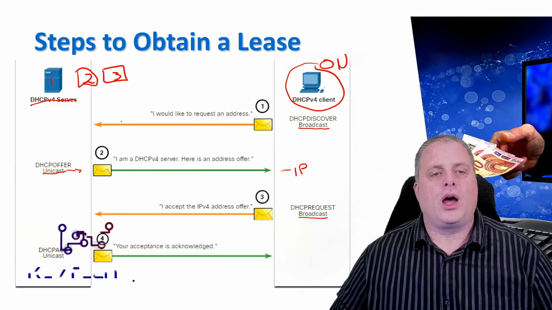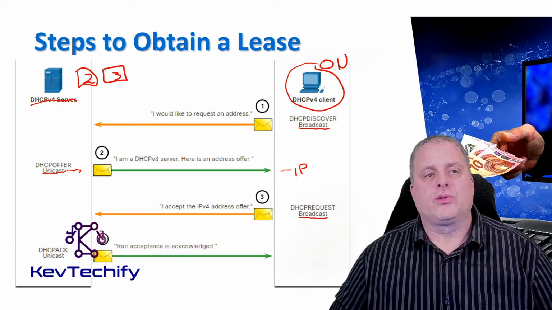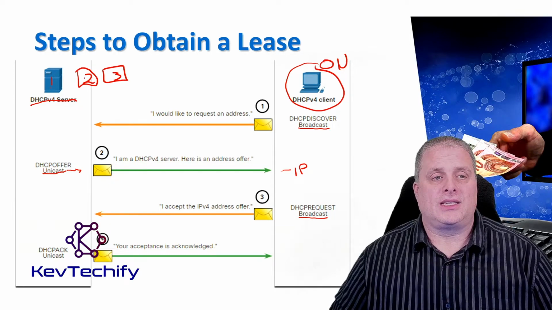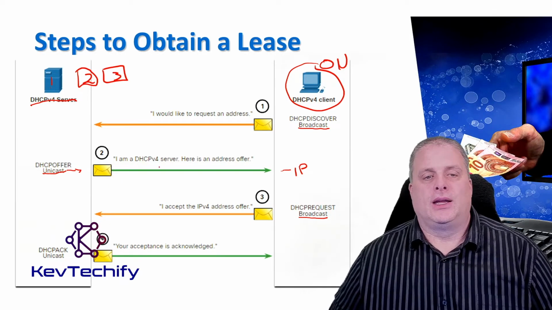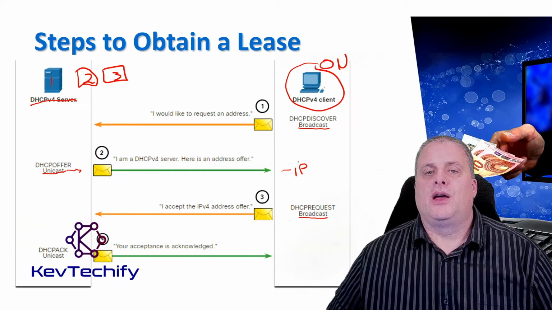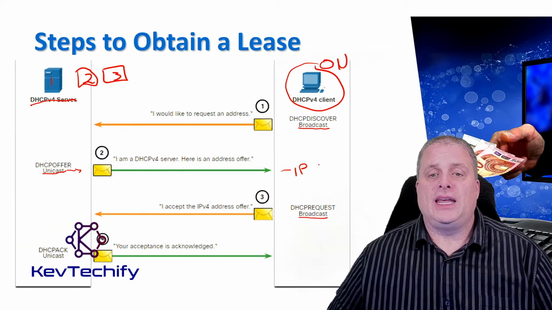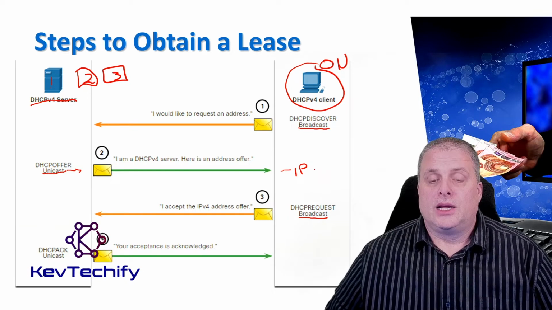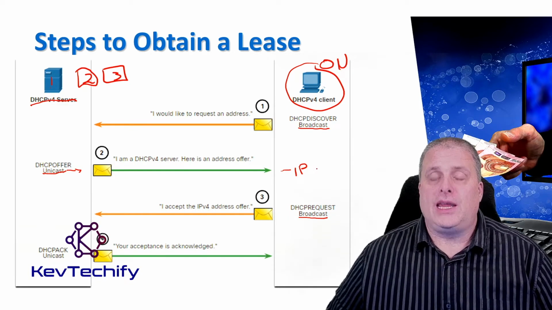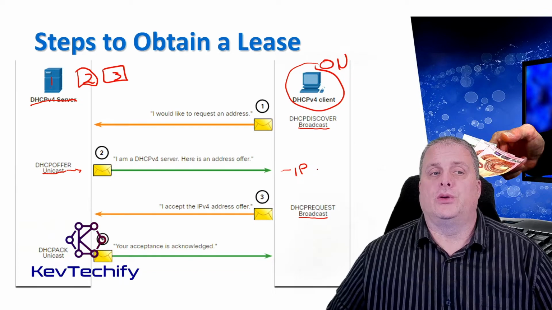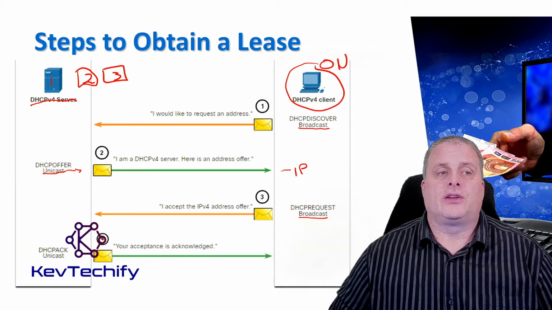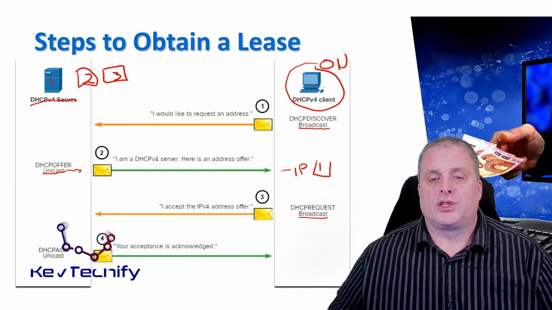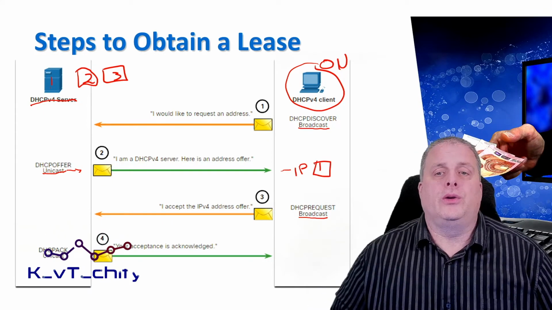This original broadcast goes out. All 3 of these DHCP servers hear that broadcast, they all send offers back. And so all of a sudden the client gets 3 offers back, each one from a different DHCP server. Now, the first offer the client hears, that's the one it's going to use. And so in this case, we hear the offer from DHCP server 1, that's the one we're going to use.